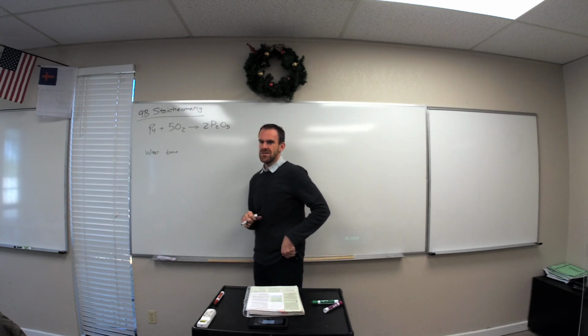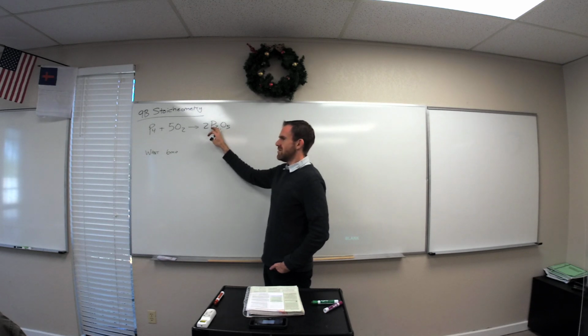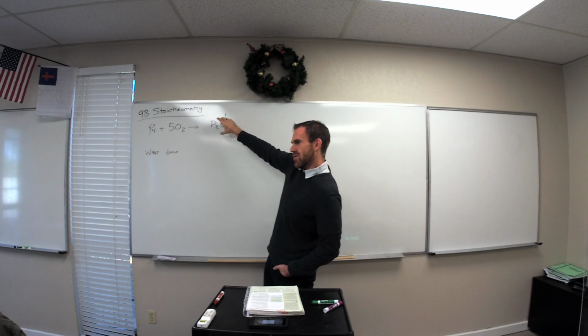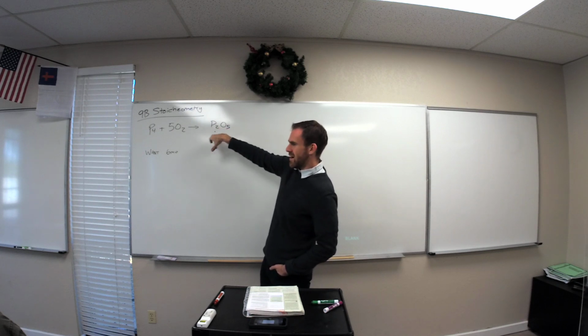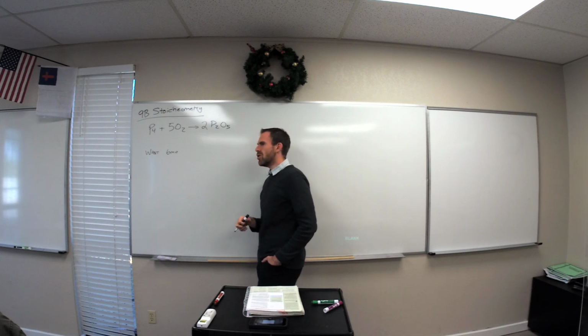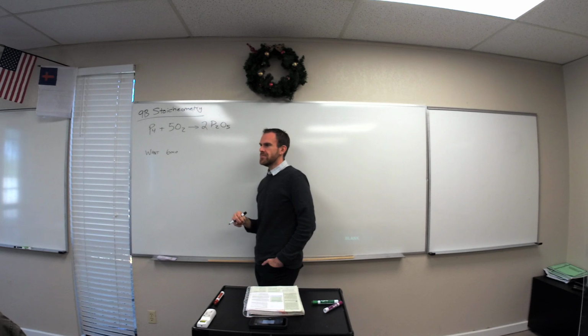Times 2? Wouldn't it be decaoxide? No, you don't include that. There's 2 of this molecule, which is diphosphorus pentoxide, and I just have 2 of them. Good question. P4O10 would be something else. That equation's already balanced.